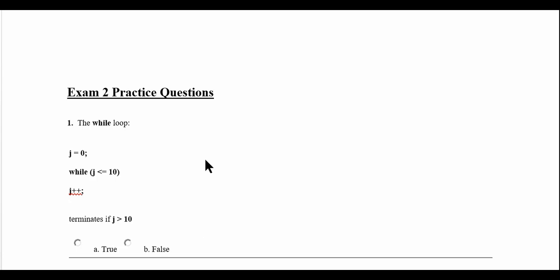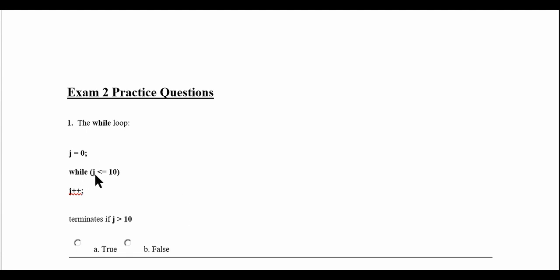All right, number 1 says the while loop: j equals 0, while j is less than or equal to 10, j++, which means add 1 to j. This loop terminates if j is greater than 10. Is that true or is that false? Okay, so let's look at this.